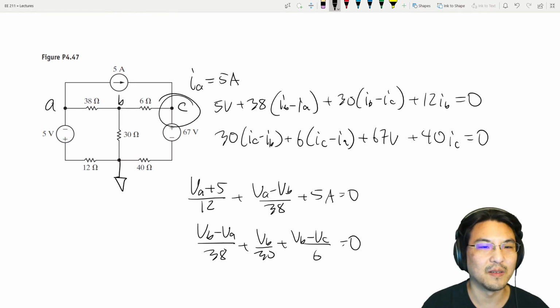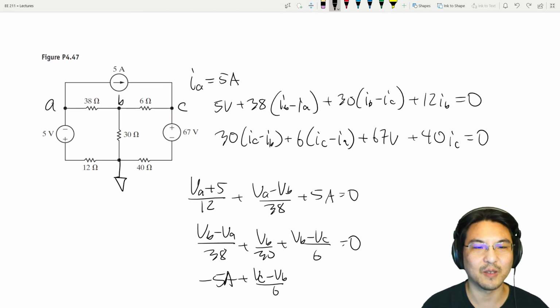Alright, now node C, KCL, so let's go over here, minus 5, over here, VC minus VB over 6, and then over here, similar situation, we need the current this way.